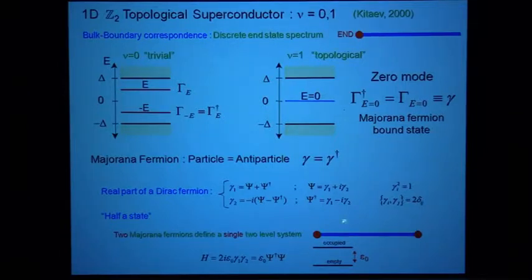If it's finite, then the zero modes that you have at each end will couple to each other, just like what Shivaji was describing yesterday, and so they will split a little bit, and you'll have a two-level system like this. All right. So this is the one-dimensional topological superconductor.